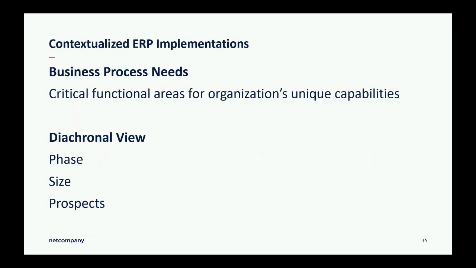And note implicitly here is also the idea that an ERP system needs constant development, because a healthy business constantly changes, and an ERP system needs to follow suit, or at least, well, maybe even lead the way in some cases. So you could consider, for example, a startup, a scale up, or a stable, small and medium-sized enterprise, a large organization, a public organization. It's very different what type of ERP system you would implement in this case, combined with the business process needs.